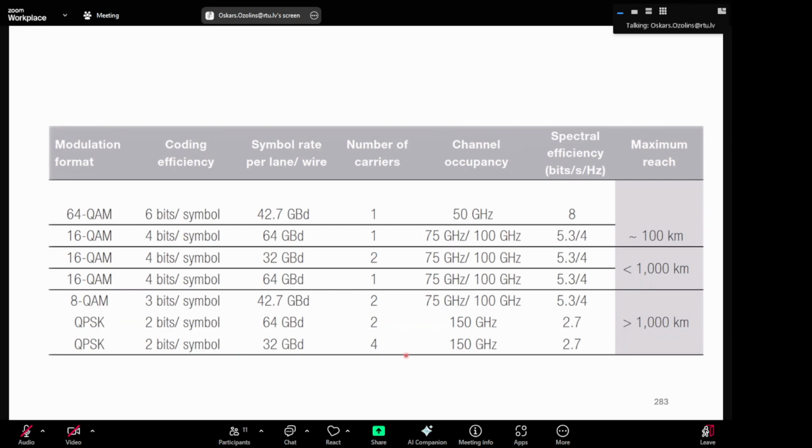And for QPSK, it's 150 gigahertz, and then this gives what the spectral efficiency is when we transmit the information. So, for example, it also decreases with the longer reach. And that's due to nonlinearities in optical fiber and also noise accumulation in different spans, and after each span there's an amplifier which creates noise.